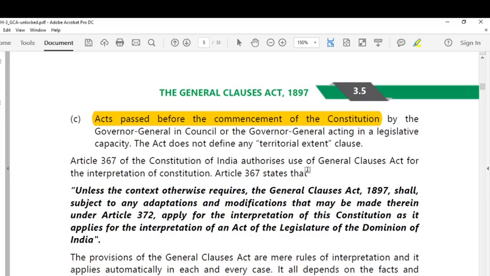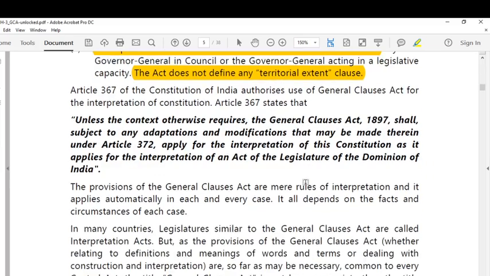The act does not define any territorial extent clause. Right.